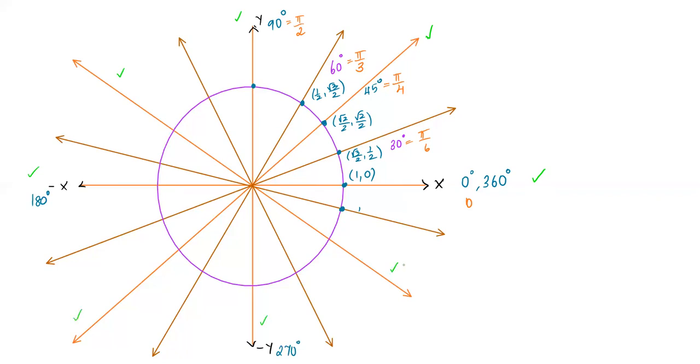I'd like you to count that. 1, 2, 3, 4, 5, 6, 7, 8. We have 8 tick marks. In other words, your circle is divided into 8 parts, okay? So the entire revolution is 360 degrees or 2 pi, and we're dividing that 2 pi into these 8 parts, right? So 2 pi over 8 is pi over 4. So each part is a quarter, right? Pi over 4.